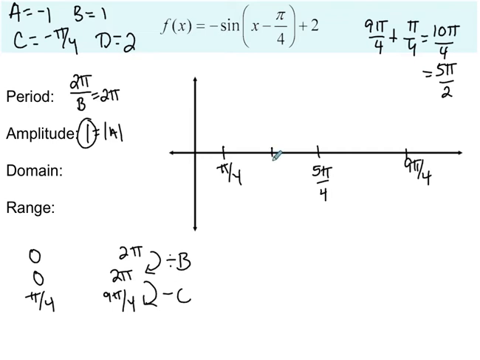Now I'm going to find a midpoint between these two. Add them together. That's 6 pi over 4, or 3 pi over 2. Divide by 2 is 3 pi over 4. I can do the same thing here, or I can recognize that every single time I go up, I am adding 2 pi over 4. So this would be 7 pi over 4.